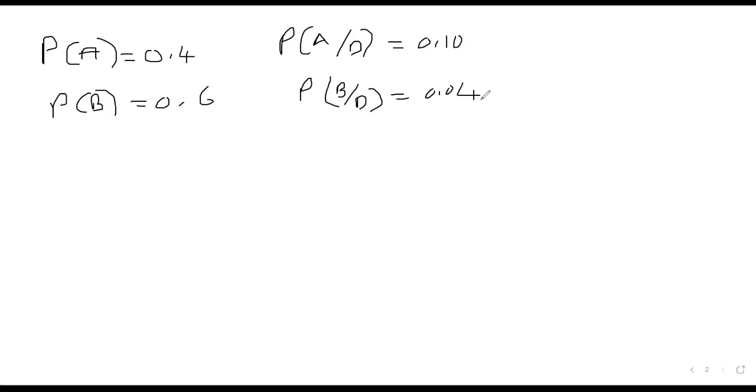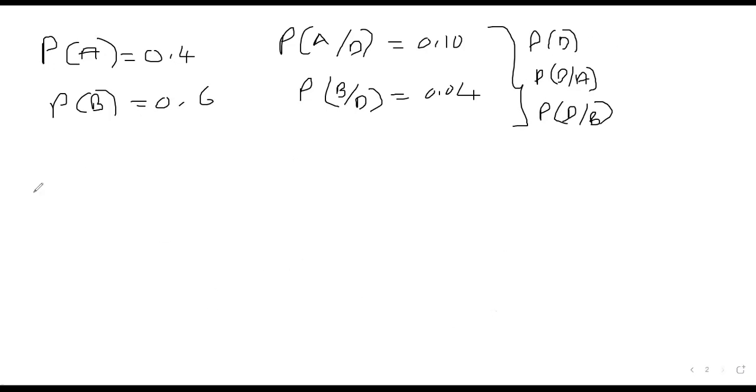So we want to find three things only. Number one, the probability of D. Number two, the reciprocal of this, A given D, so we are going to have D given A. Then probability of D given B. These ones are carrying 3 marks each.